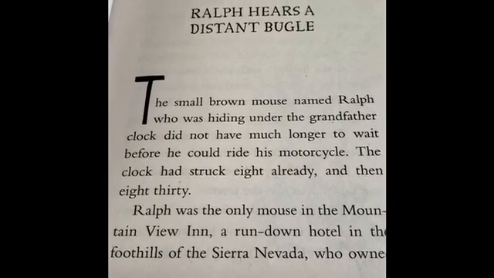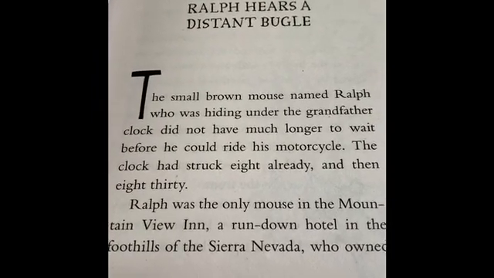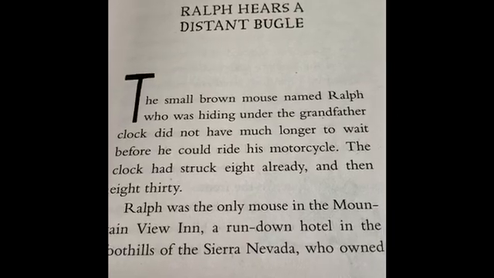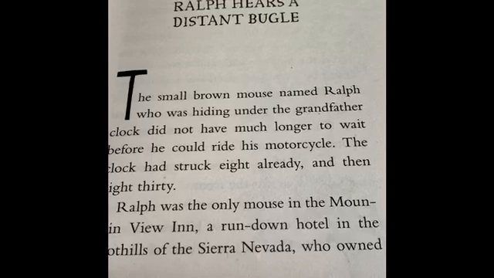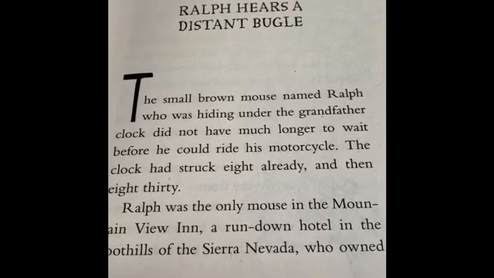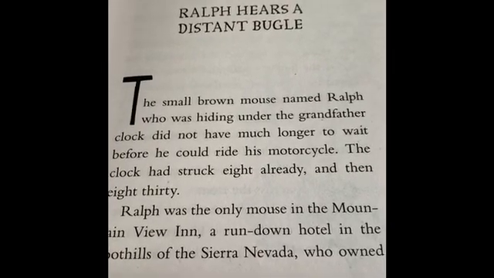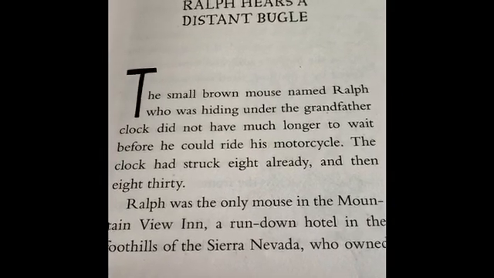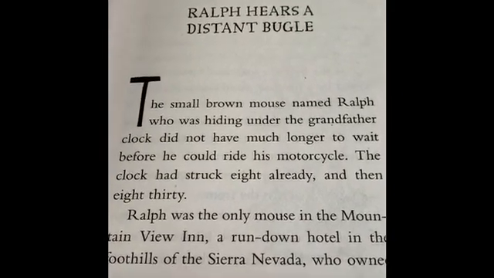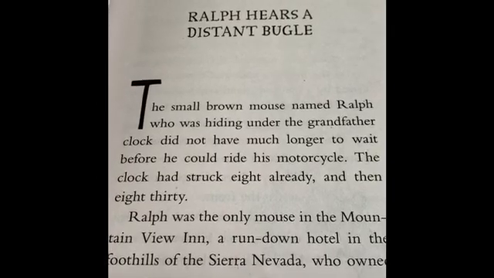So Ralph is a hotel mouse. And he has a family that also is at this hotel. And as you're reading, I want you to be noticing how Ralph feels about his family and how Ralph feels about his motorcycle.